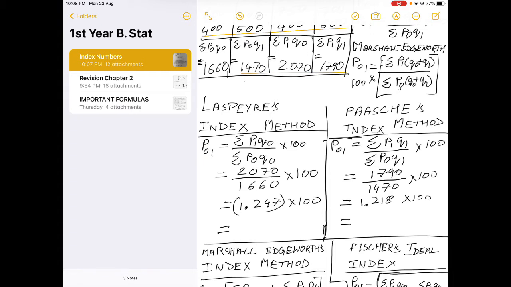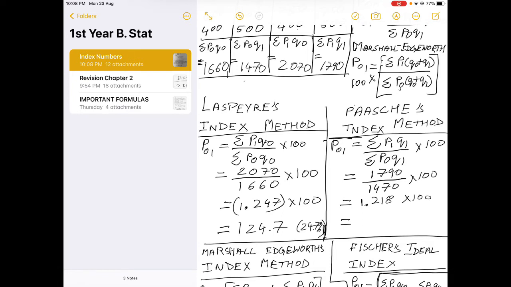So 2070 divided by 1660 multiplied by 100. That means 1.247 multiplied by 100 gives me 124.7. So this tells me 24.7% inflation. All indexes are in percentage terms.